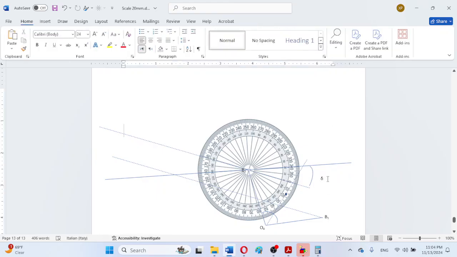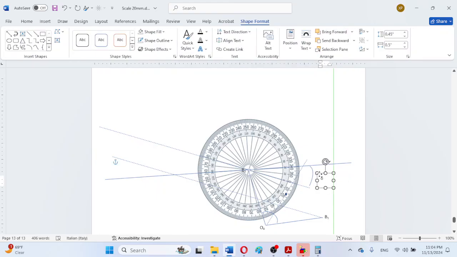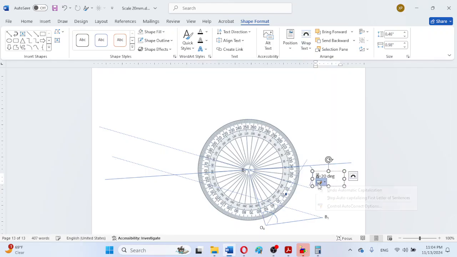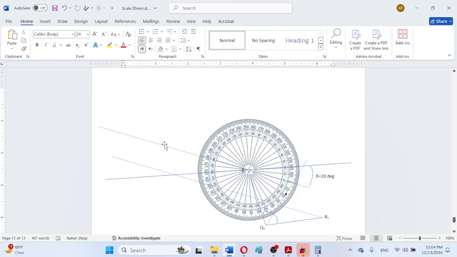So in this way this angle delta has been defined. Or I can further mention here that delta is actually 20 degrees. So like this, again change it, so in this way delta has been defined.